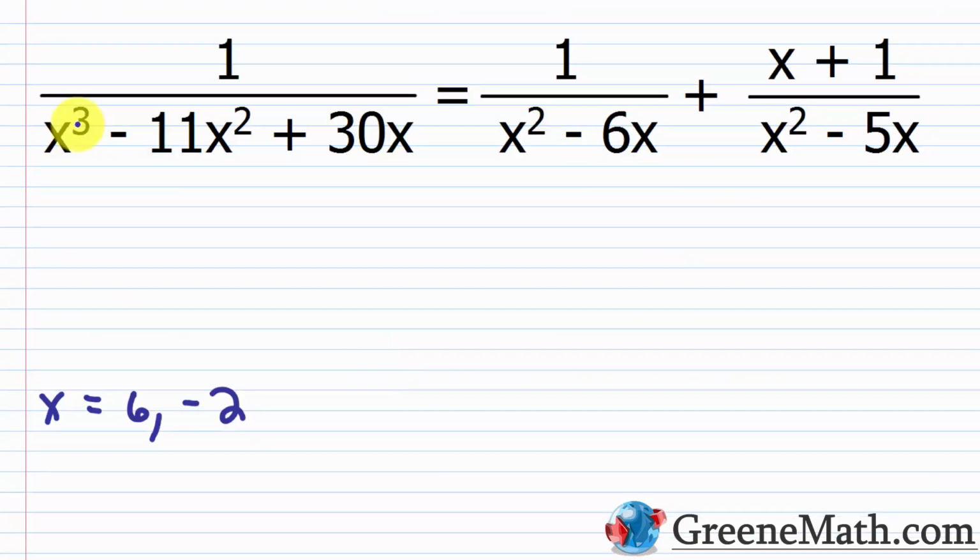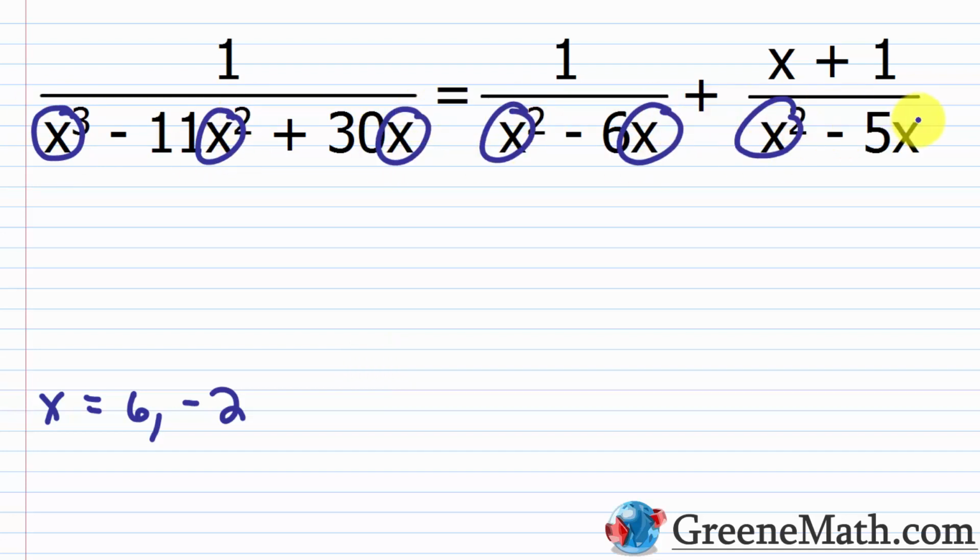So if I plugged in a 6 in all these places, what would happen? Well, I want you to recall that the factored form of this denominator is x times the quantity x minus 6. If you put a 6 in right there, you would have 6 minus 6, which is 0, and 0 times 6, which is still 0, right? You can just do this real fast.